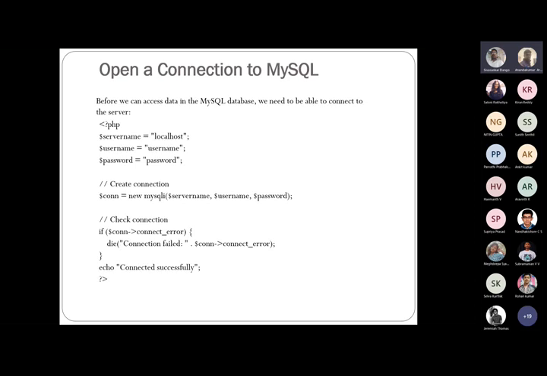Before we access the data in a SQL database, we need to connect to the server. Generally in PHP, first we need to establish a connection. Establishing the connection involves specifying the server name, username, and password. Once you create a new connection, you need to specify the server name, which may be localhost if the server is present on the same machine, and your username and password corresponding to the database.